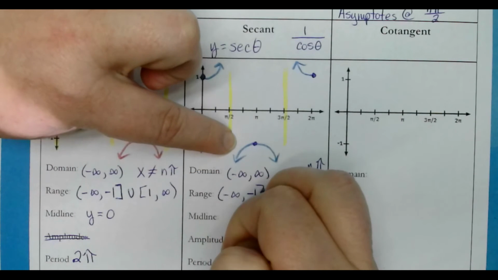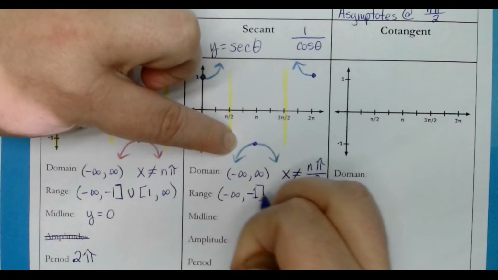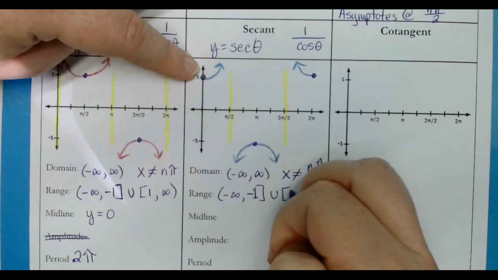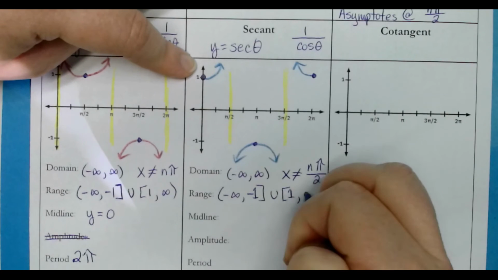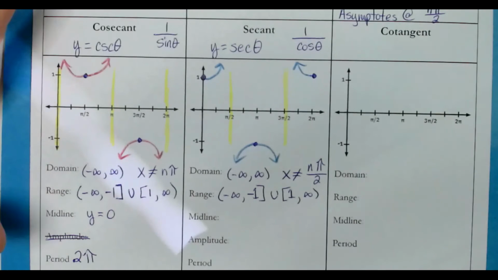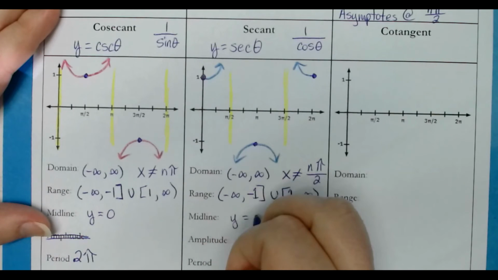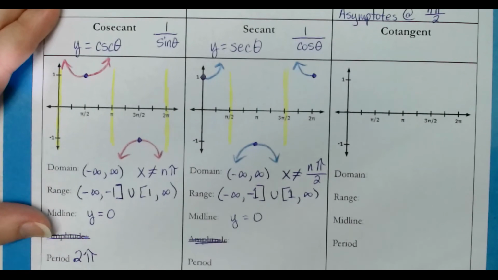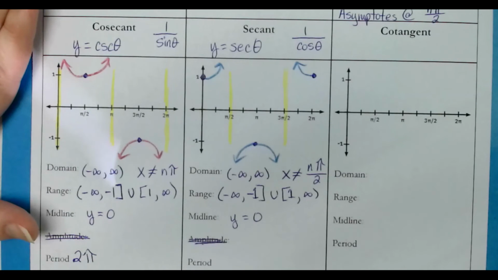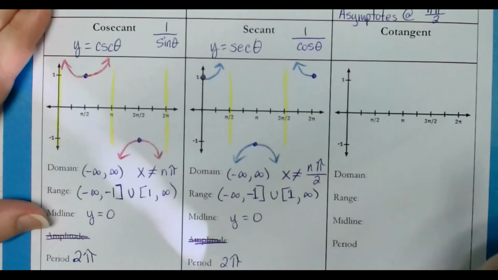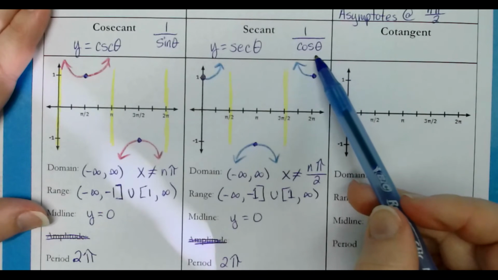I have a square bracket. Then I do a U shape because there's a gap. And then I'm going to start at positive 1 and go to positive infinity. The middle of this wave formation is still 0, and there's no amplitude because it's going to infinities. My period is 2 pi, just like it was for cosine. All we did was cut the wave apart.